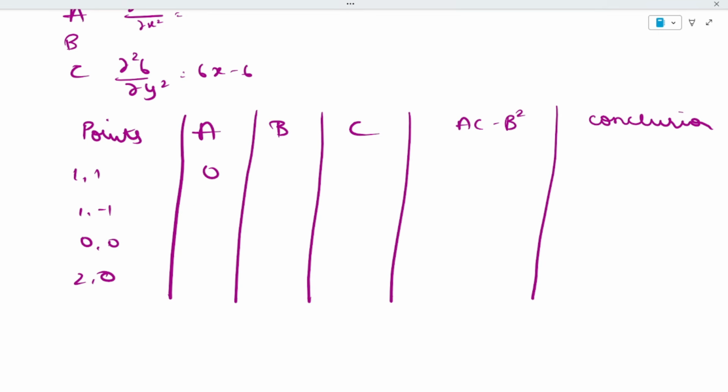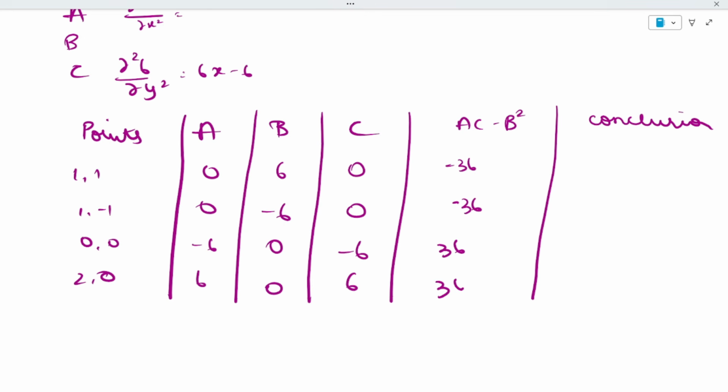This will be 0, 0, minus 6, 6, 6, minus 6 and 0 and again 0, 0. Here it will be minus 6 and 6. This will be minus 36, here minus 36, here plus 36, 36.